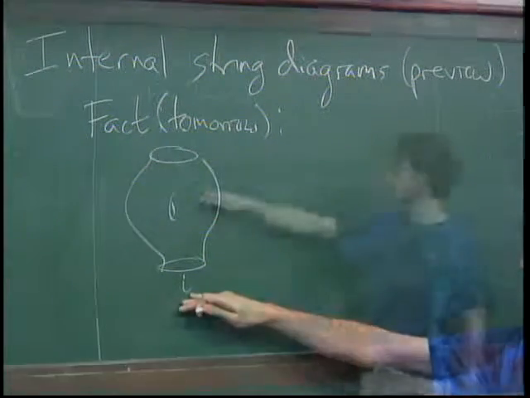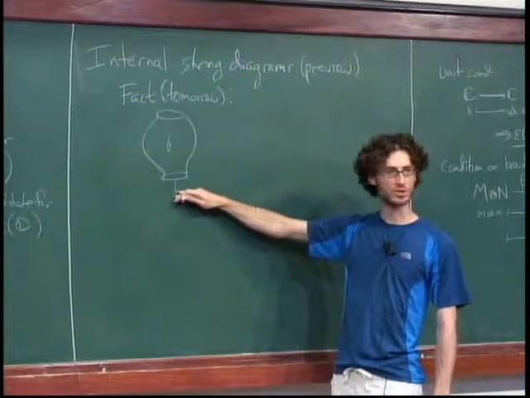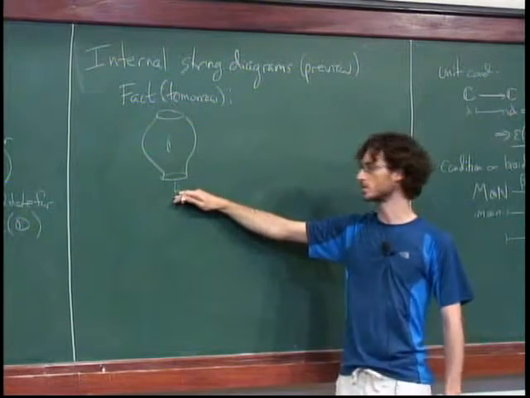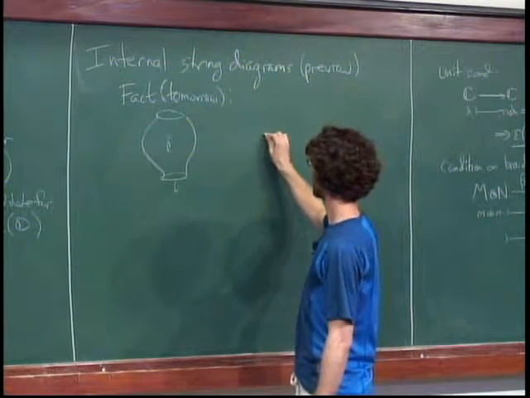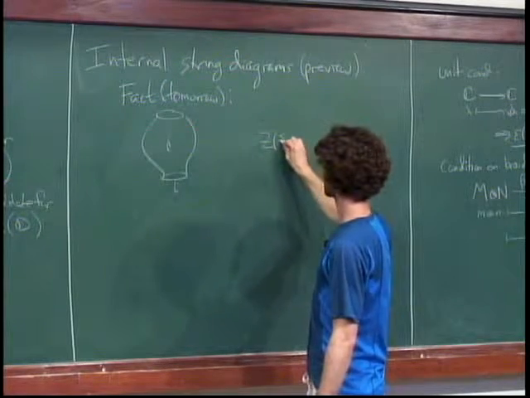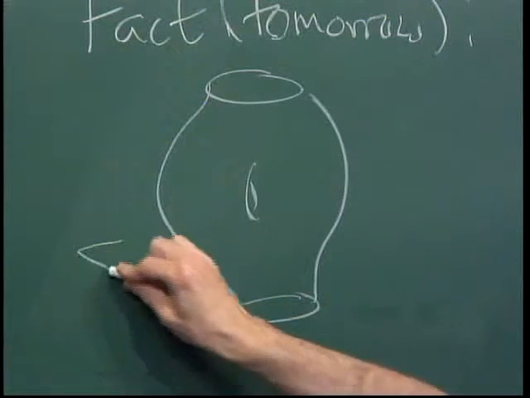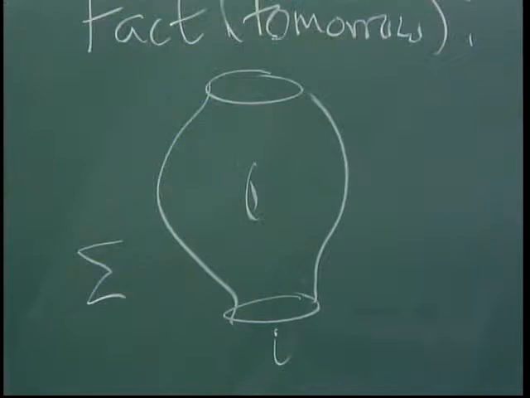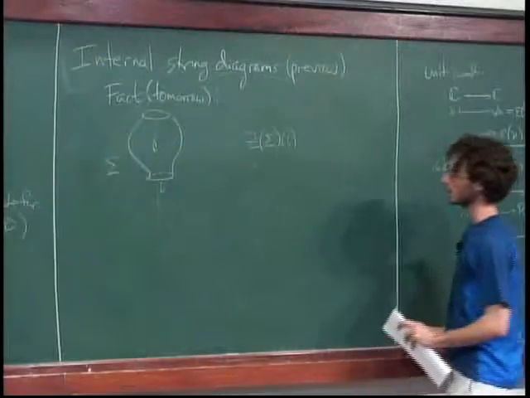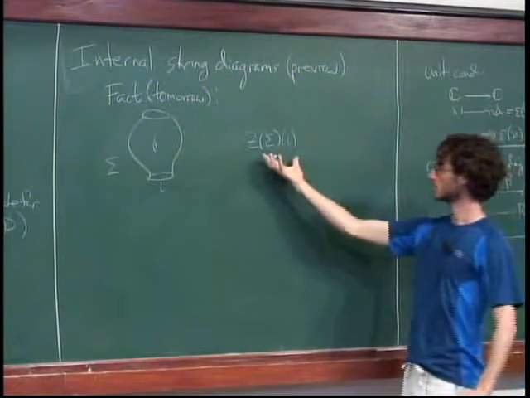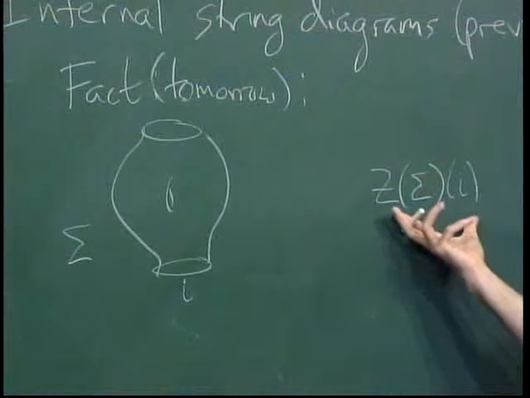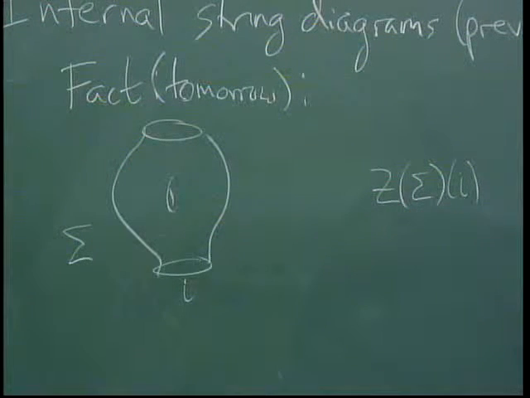So that functor is certainly determined by what it does to each simple object that I put in at the start. Let me call that surface sigma. So I have Z of sigma, and I can apply it to an object I. So this functor is certainly determined by these gadgets. But this is now some element in the category C.